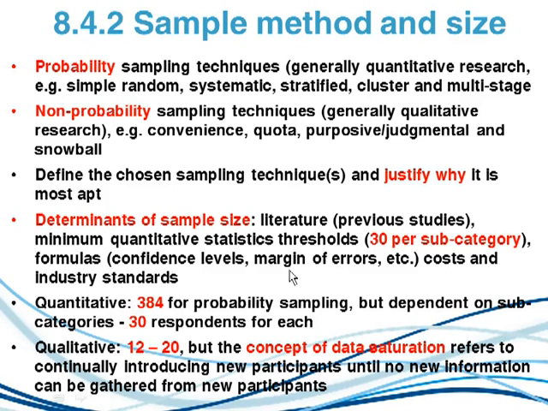Also, sample size is very important. So if you're doing quantitative stats and you've got a lot of cross-analysis variables, is 200 respondents enough? It's not going to be, because in each subcategory you need at least 30 respondents. Generally, for quantitative sampling, the magical number is 384, if you statistically work out the size. But I make my students go way beyond that, to the thousands.